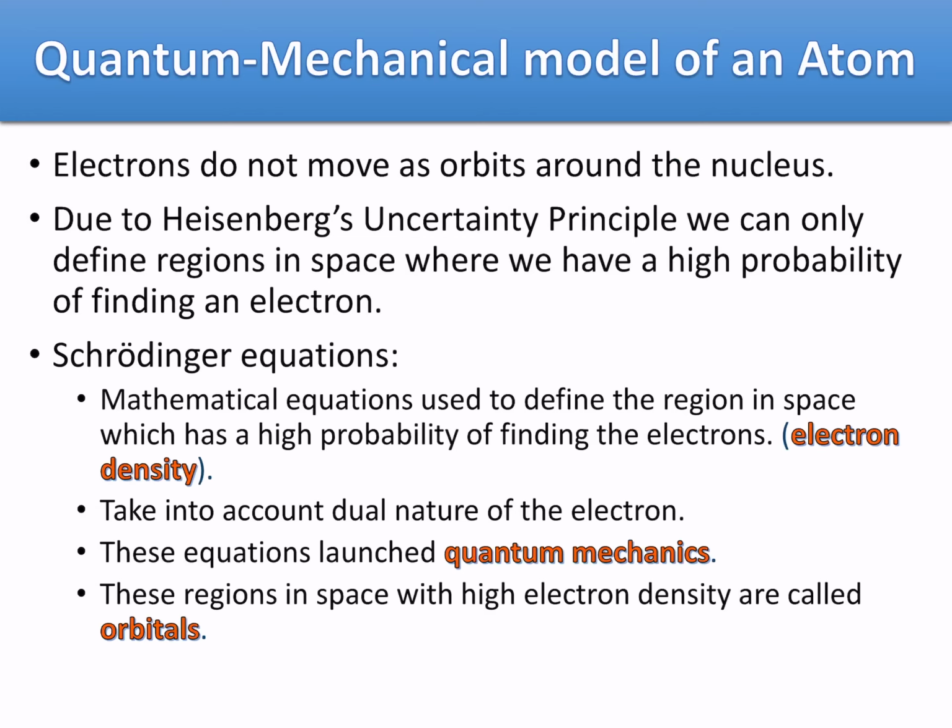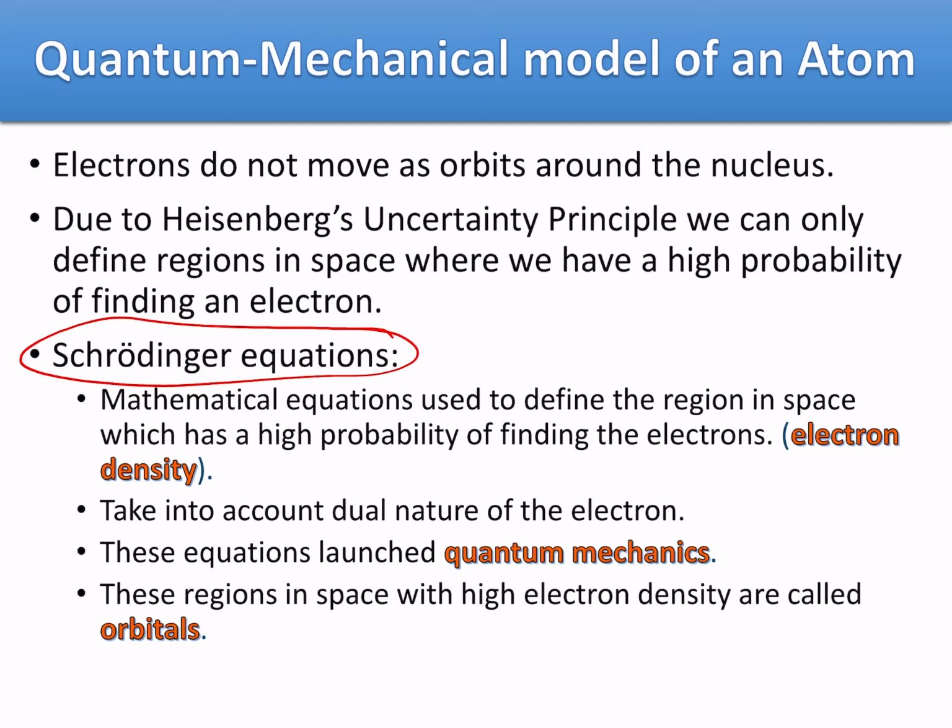And how we define those regions in space comes from Schrödinger equations, okay? They are very complex mathematical equations that we are not going to see in this class because it goes beyond the purpose of the class. We will focus just on the solutions of those equations because the solutions to those equations are what we call the quantum numbers. Okay?